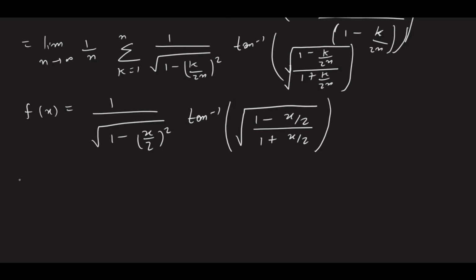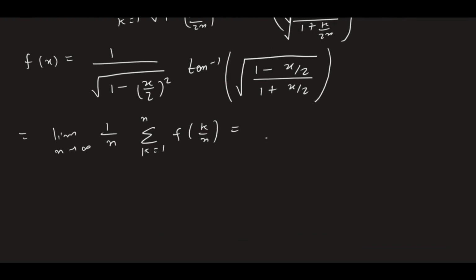So this is the limit as n goes to infinity of 1 by n summation k from 1 to n of f of k by n. And we know this is the integral from 0 to 1 of f(x) dx. This comes from the Riemann sum definition of the integral.